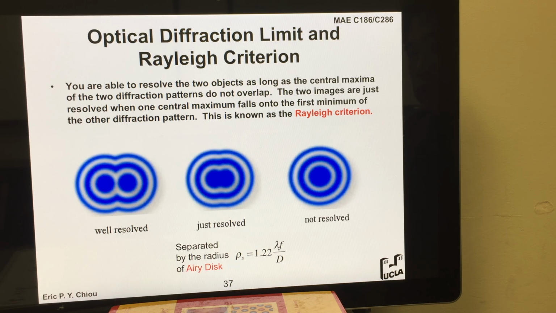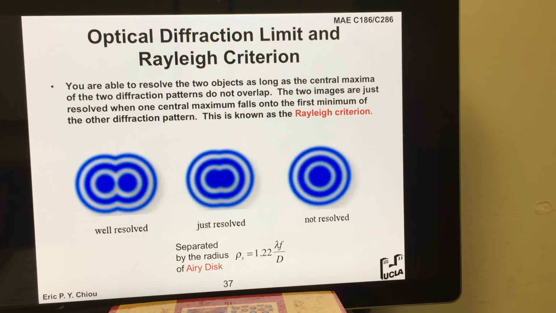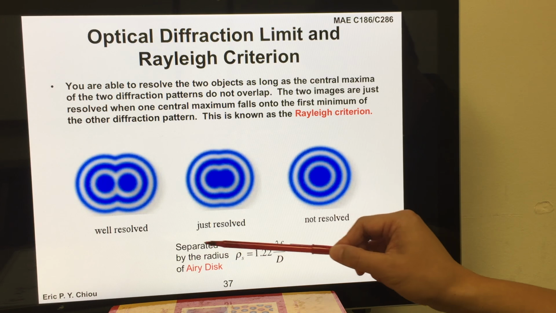Now, if you want to know whether you can resolve two very small spots positioned very closely together, how close you can put them and still resolve them, the size of the Airy disk is a very good way to determine that.